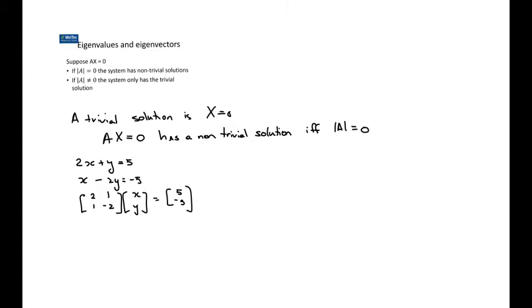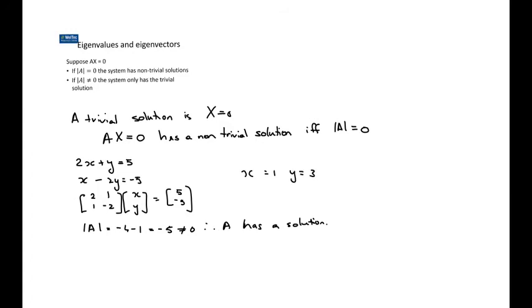The determinant is negative 4 minus 1, which is negative 5, which is clearly not 0. So the system has a solution, and in fact x equals 1, y equals 3.